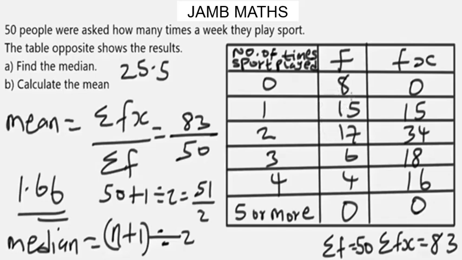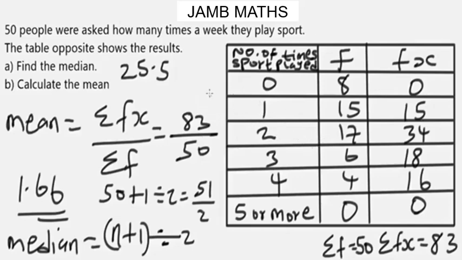So when you add 8 plus 15, that gives us 23. 23 plus 17 will give us 40. So we need this 17 frequency value to get to a summation of around 25.5 thereabout.